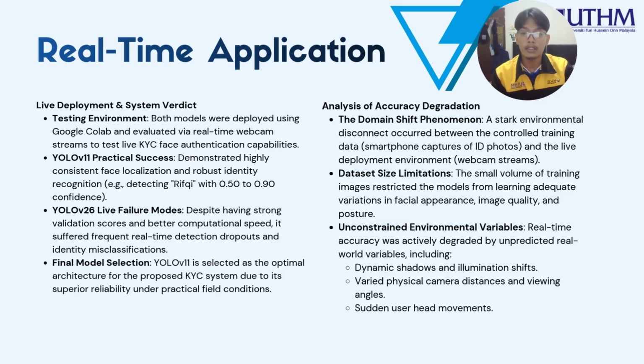The training images were acquired from ID photos of students through a smartphone camera, whereas the inference phase was performed via webcam, where there was some variation in the lighting setting and viewing angle of the image.